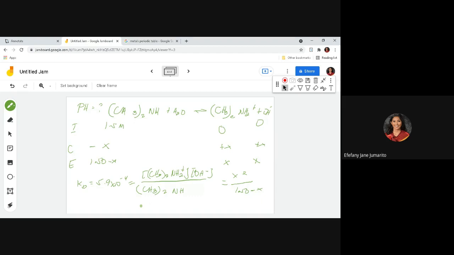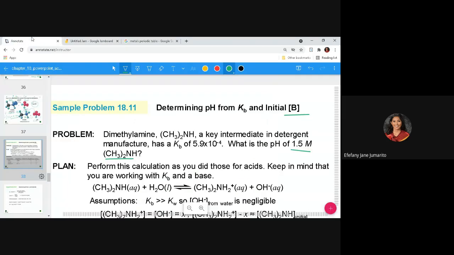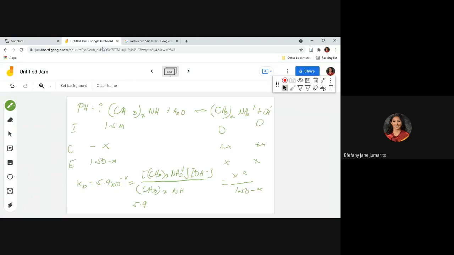So we will have 5.9 times 10 raised to negative 4 times 1.50 is equal to x squared. So x is equal to the square root of 5.9 times 10 to the negative 4 times 1.5.